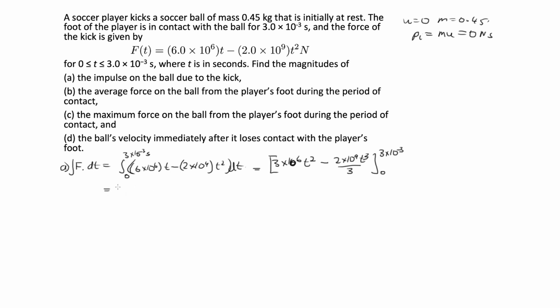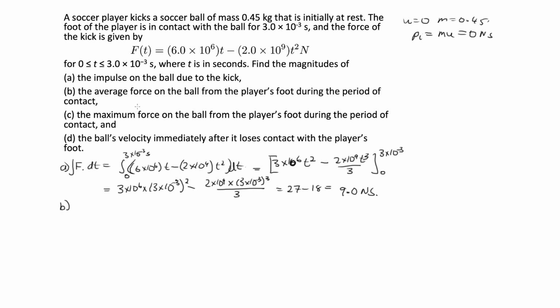And so we've got 3 times 10 to the 6 times 3 times 10 to the minus 3 squared, minus 2 times 10 to the 9 times 3 times 10 to the minus 3 cubed over 3. And solving this, we end up with 27 minus 18, which is equal to 9 newton seconds. And it only asked us for the magnitude in this case.